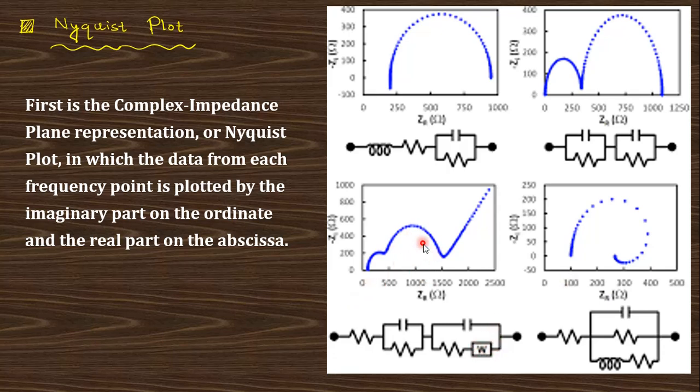And finally you get this type of expression, this type of plot, and this plot comes when this equivalent circuit happens. So from this Nyquist plot you can get the equivalent circuit, and after getting the equivalent circuit you get the value of the dielectric constant, AC conductivity, and resistivity also, right?